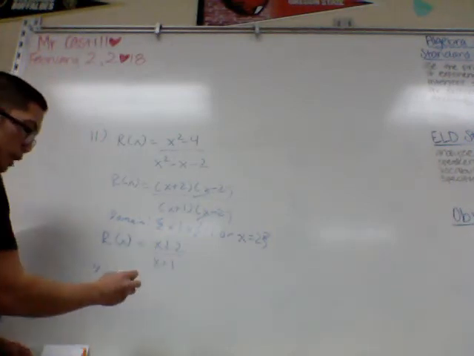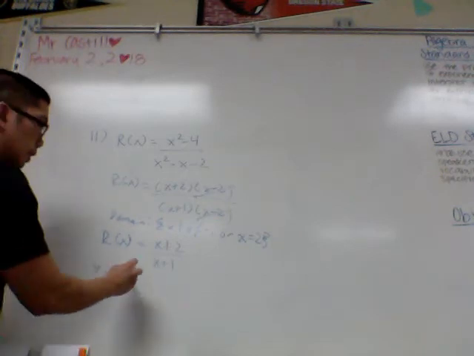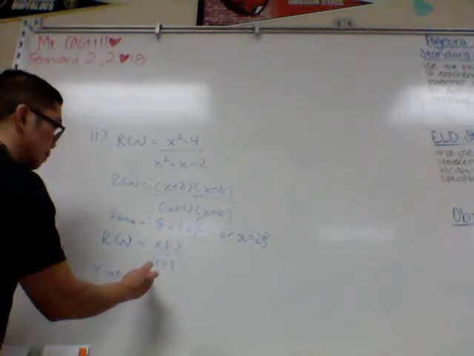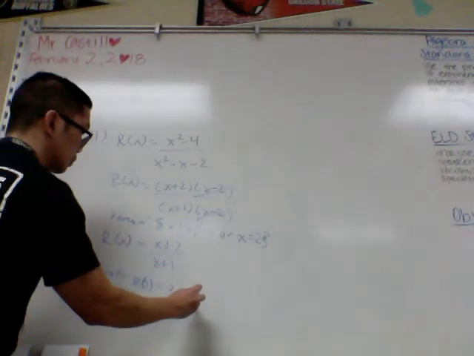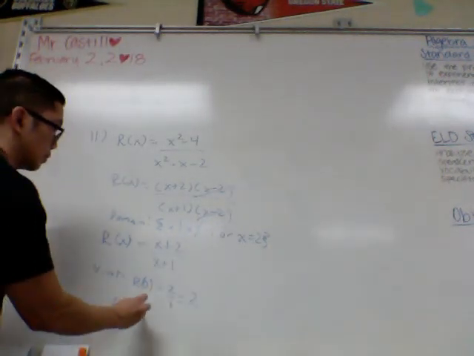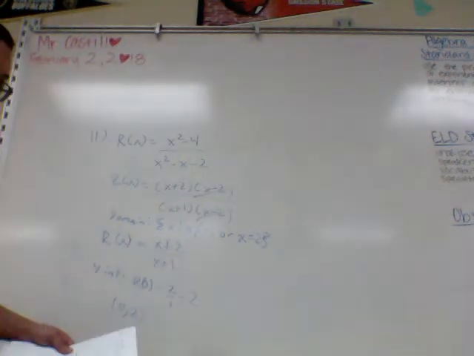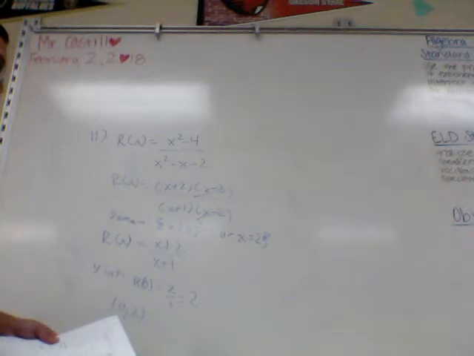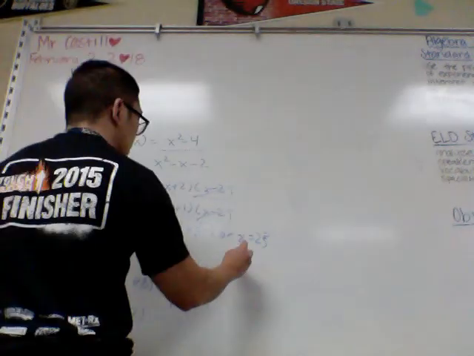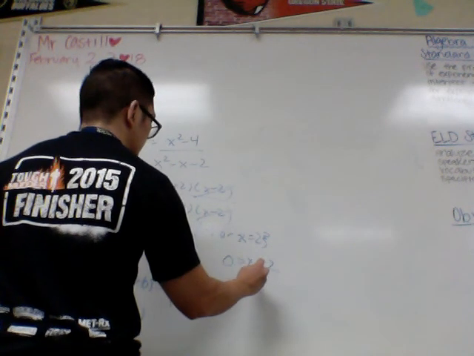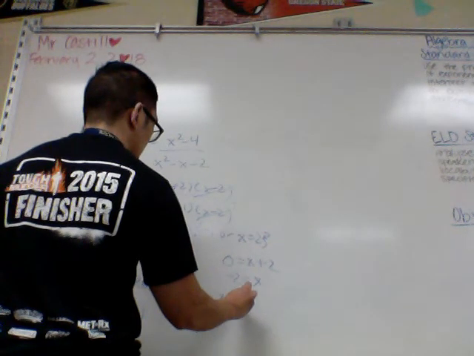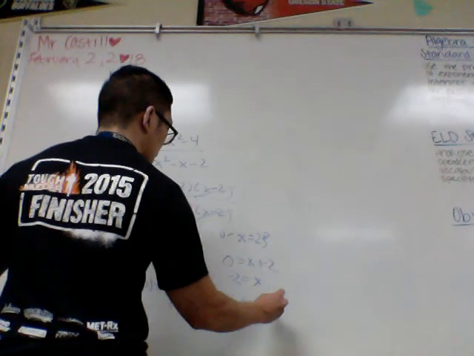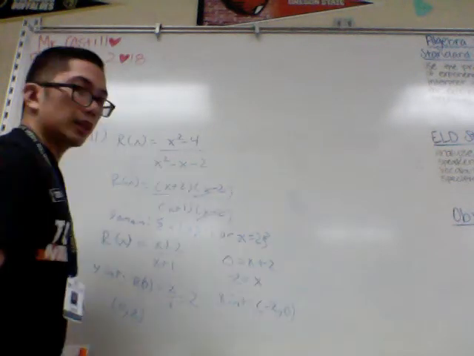So your y-intercept is r of 0 equals 2 over 1, which is 2. So I know it goes through the point 0, 2. For your x-intercept, you set the numerator equal to 0. So 0 equals x plus 2, and so your x-intercept is negative 2. So we're at negative 2, 0.